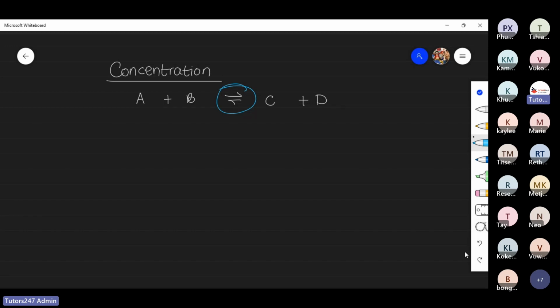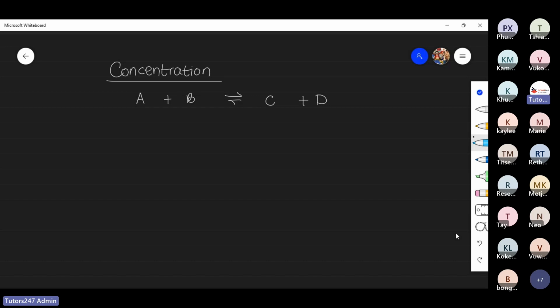It's a reversible reaction. If it is not a reversible reaction, it will be denoted by that arrow. But if it is a reversible reaction, the arrow will be moving forward and backwards.